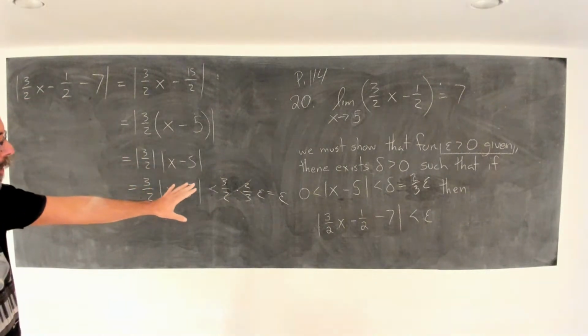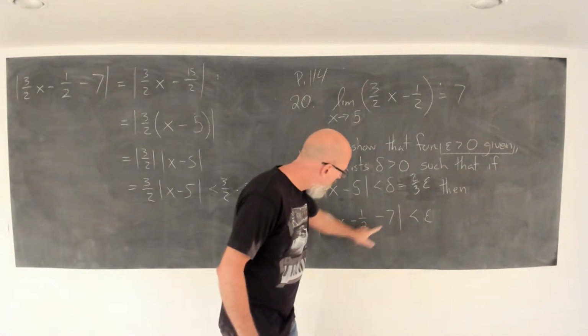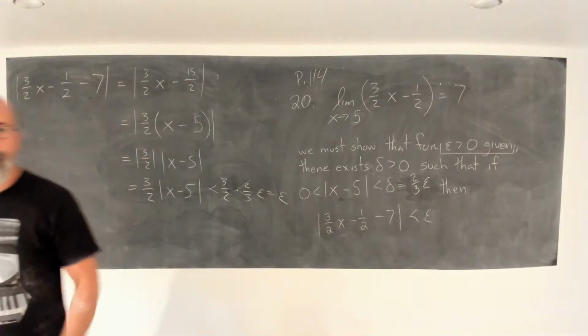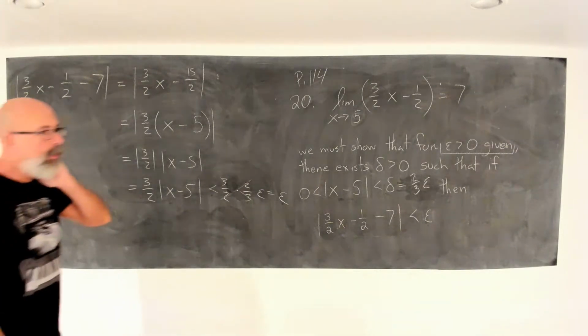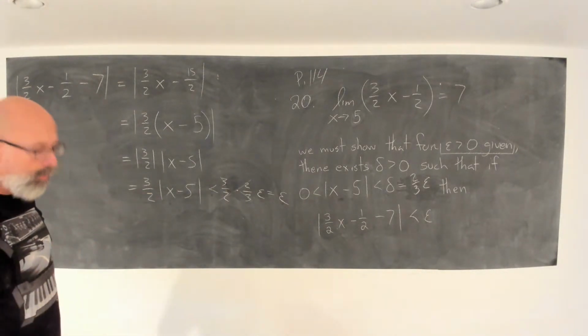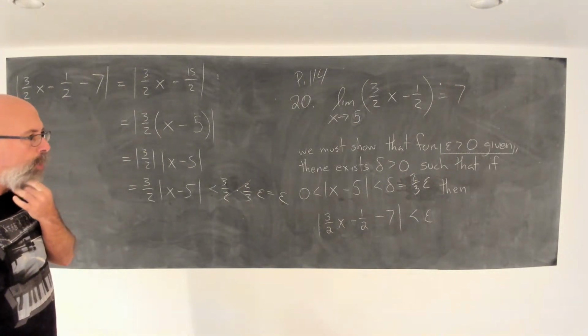And our goal is to make the absolute value of f of x minus L less than epsilon. And it's this epsilon delta definition of a limit that you can use to prove all of the limit properties.